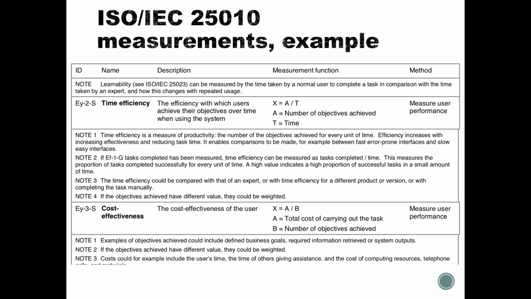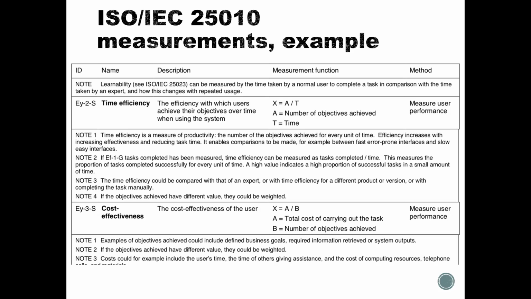So this is a typical example of how you can calculate time efficiency and cost effectiveness of a model. And this is something which I'm going to leave for you as a task. You can check how we can calculate time efficiency when we have the formula X, which is time efficiency, equal to A divided by T, where A is the number of objectives achieved, and of course T is the time.